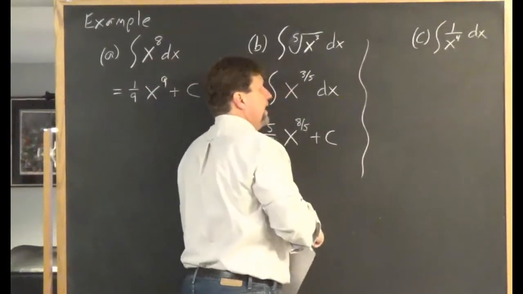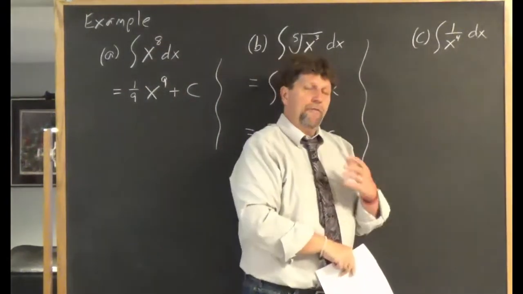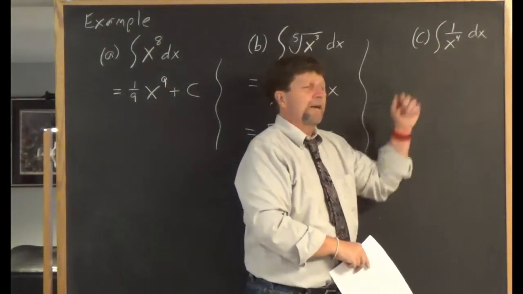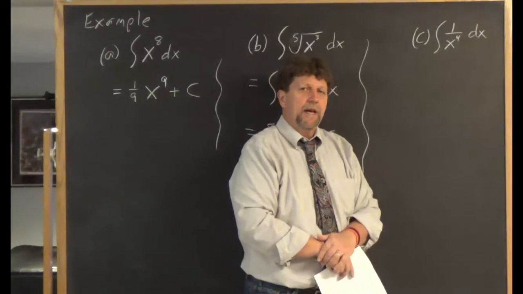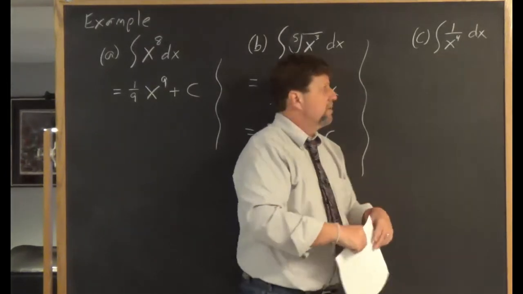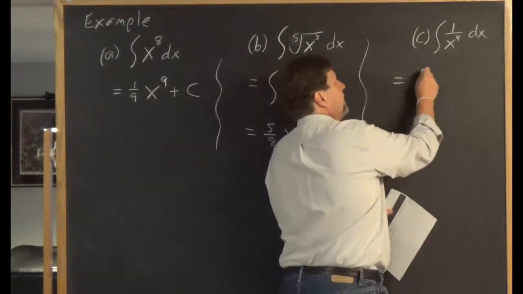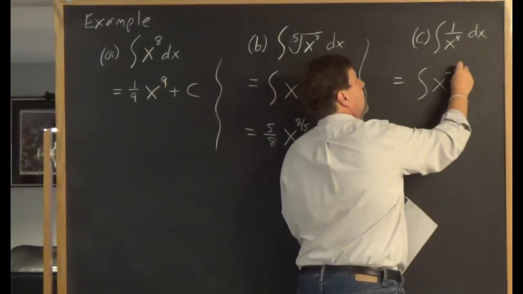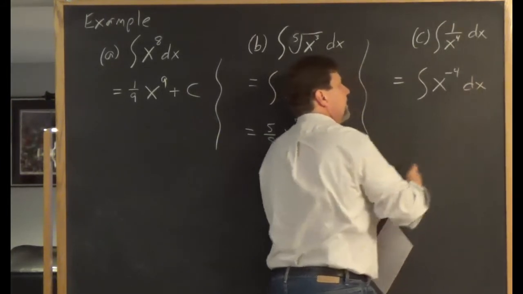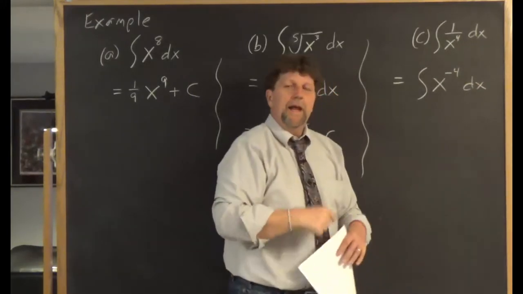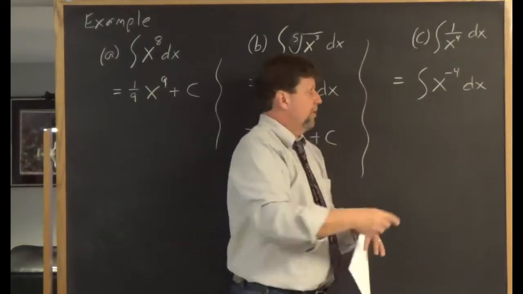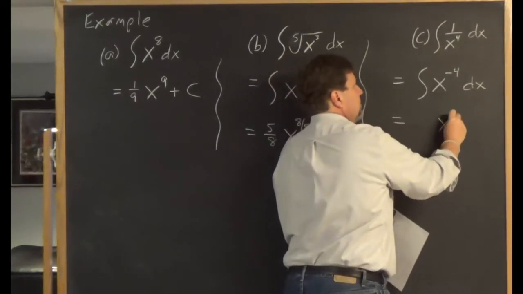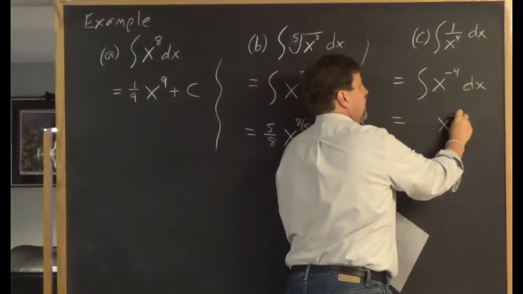So in C, before I can think about doing any calculus, I need to rewrite the integrand. I'm integrating 1 over x to the 4th dx. So I can use a rule of exponents and rewrite 1 over x to the 4th as x to the negative 4th. And now I simply use the power rule. The power rule says add 1 to the exponent, so that gives me a negative 3.